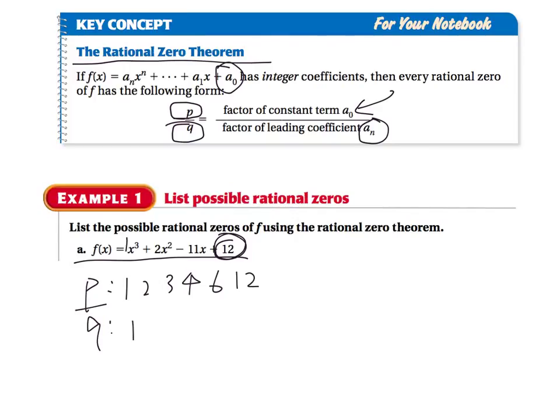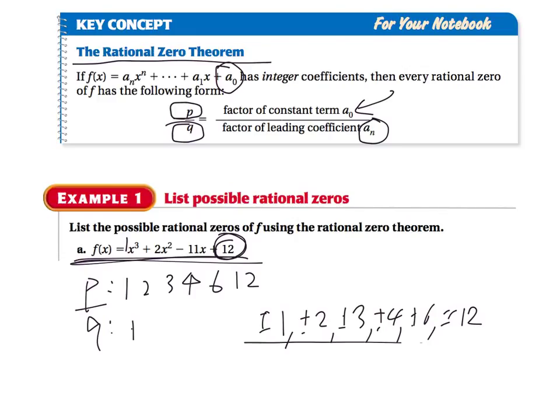Which means 1 over 1 is 1, 2 over 1 is 2, 3 over 1 is 3, and so on. So again, what this means is that if this polynomial function has any zeros that are rational, so this doesn't include irrational or imaginary zeros, you will have to come out of this list.